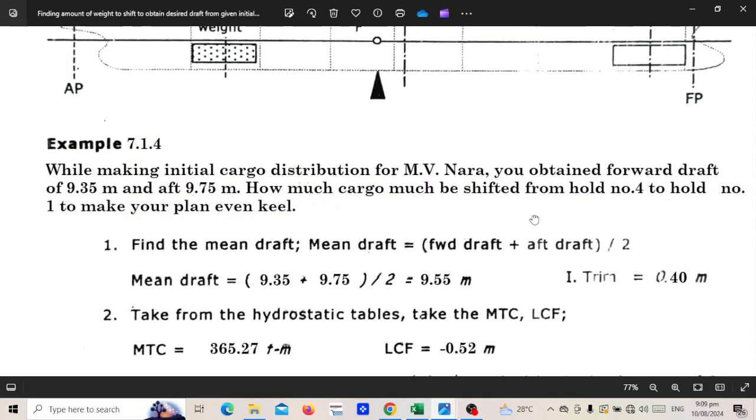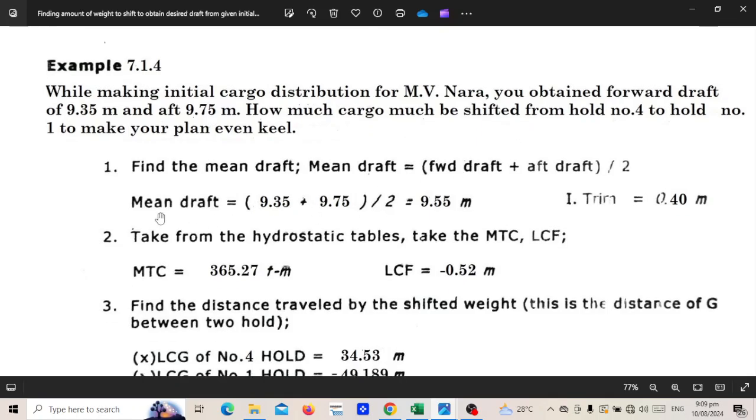So the solution, number 1, find the mean draft. Mean draft is forward draft plus aft draft divided by 2. Your forward draft is 9.35 and aft draft is 9.75.